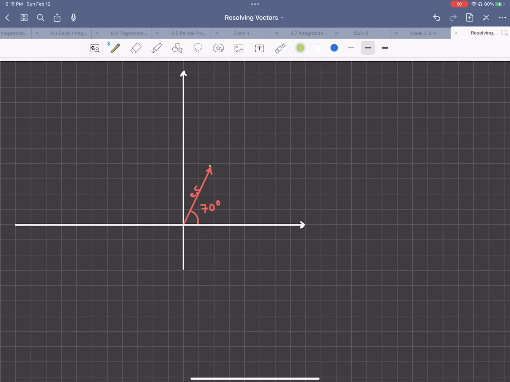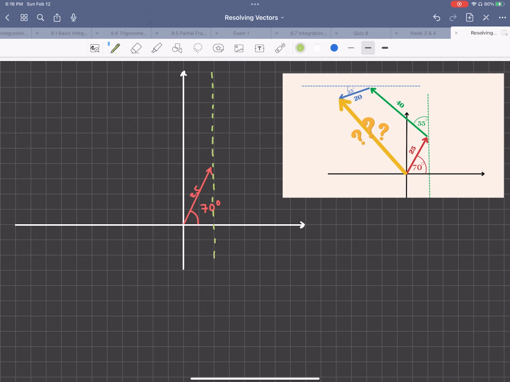But we were here. So because I know that this direction is in relation to north, I'm going to draw a little helper line here to help me see that this would be 55.